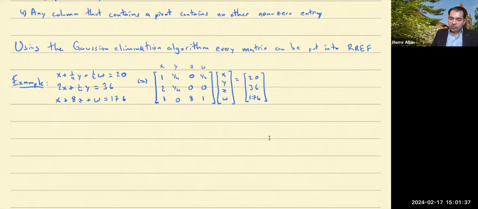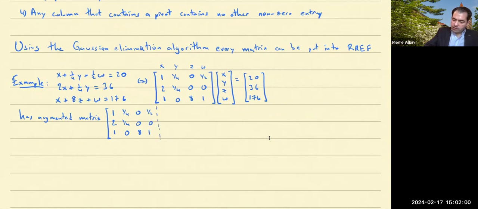Okay, so let's say we want to solve this system of equations. This has augmented matrix. Right? So basically just this same coefficient matrix. But now I augment it with the right-hand side of the system of equations. Right? And now if you do row operations, you can bring this system into the following RREF.